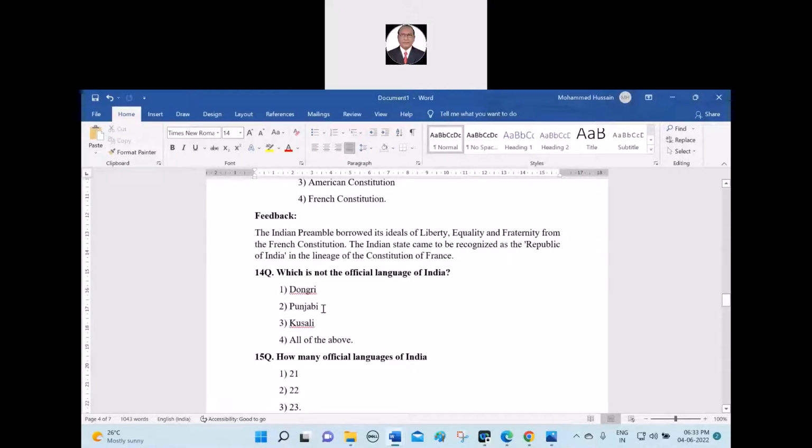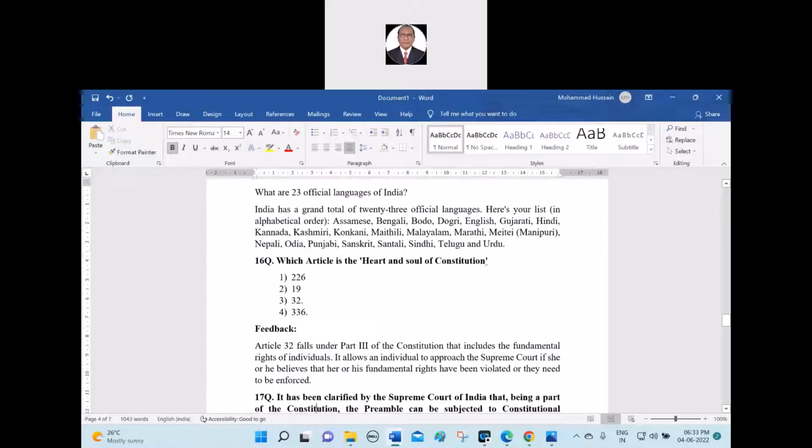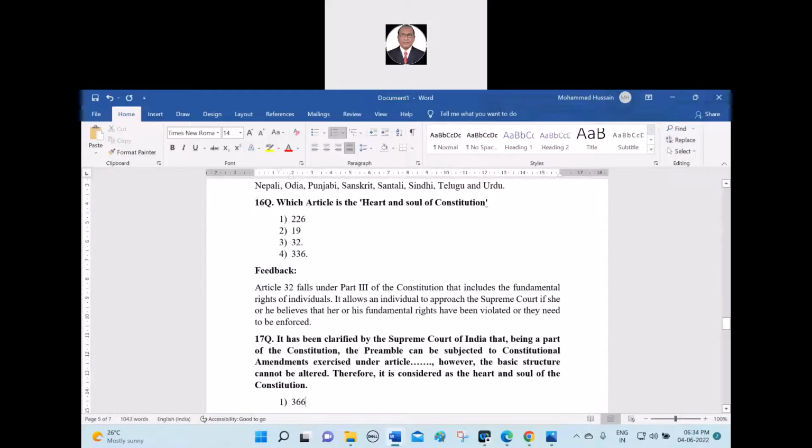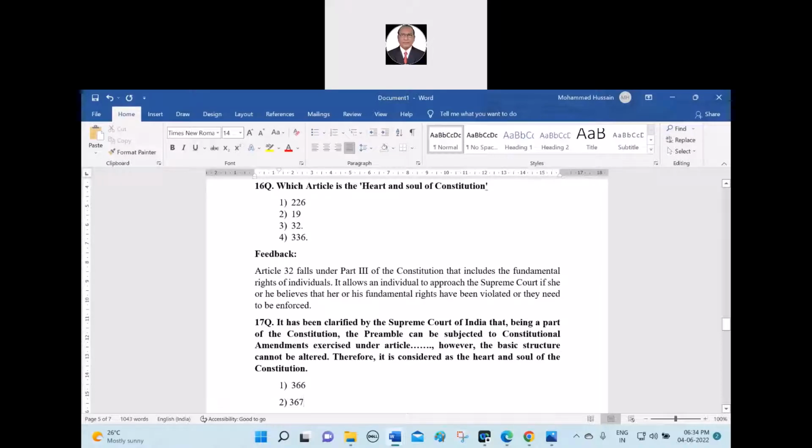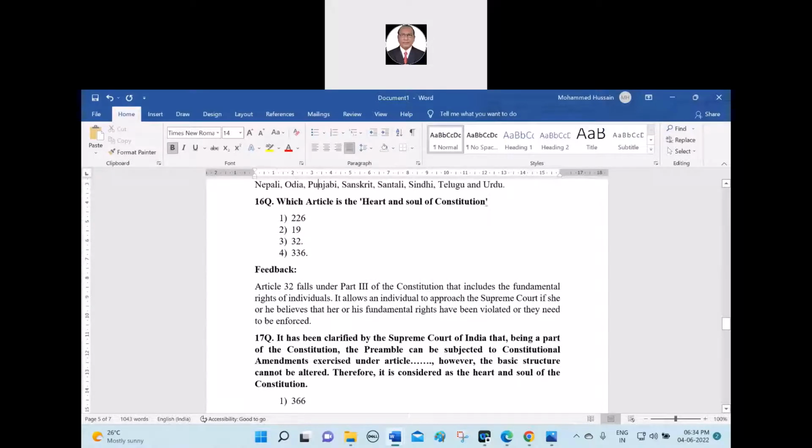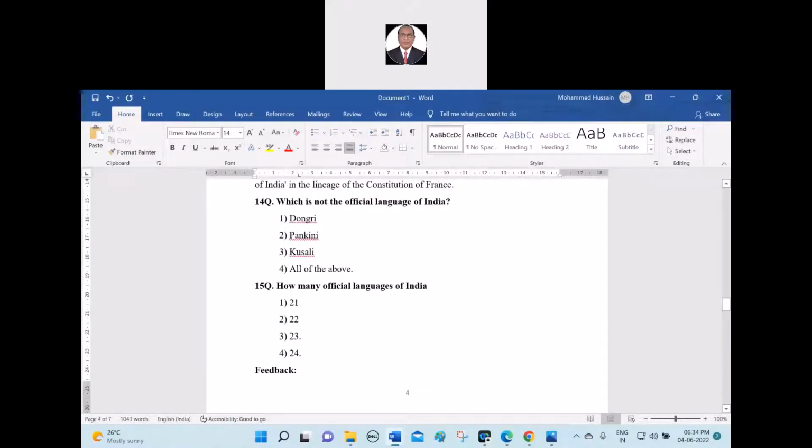So instead of Punjabi, you can write any other, a fictitious name, so that it would not be an official language. Okay, subject to the correction which I made there. Yeah, the feedback is here.